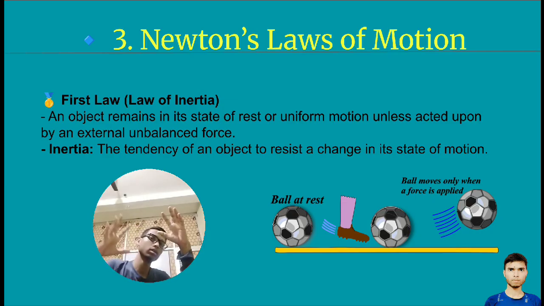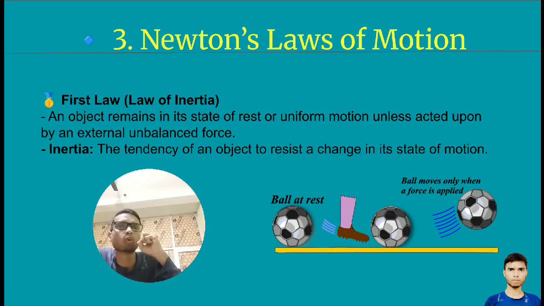Okay, clear. Now let's see what will happen when we apply force on a moving object. We can increase the speed of the moving object, whose speed was initially fixed.